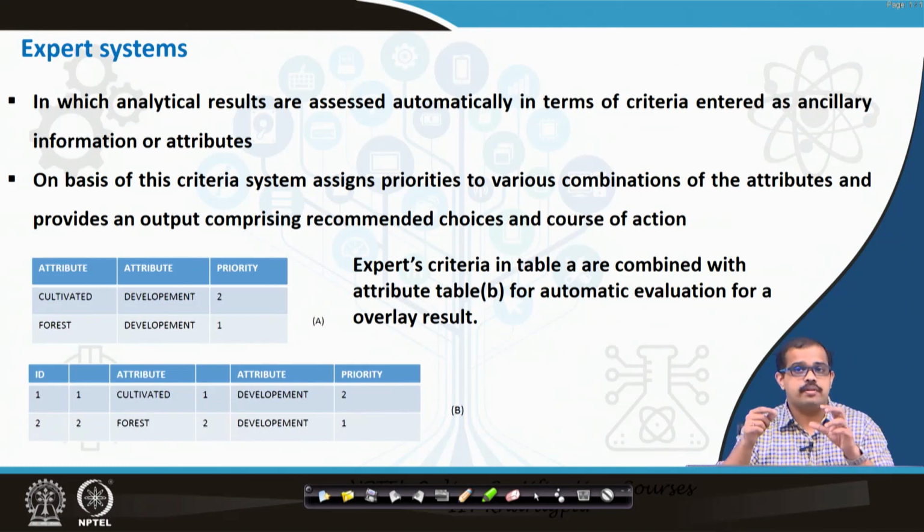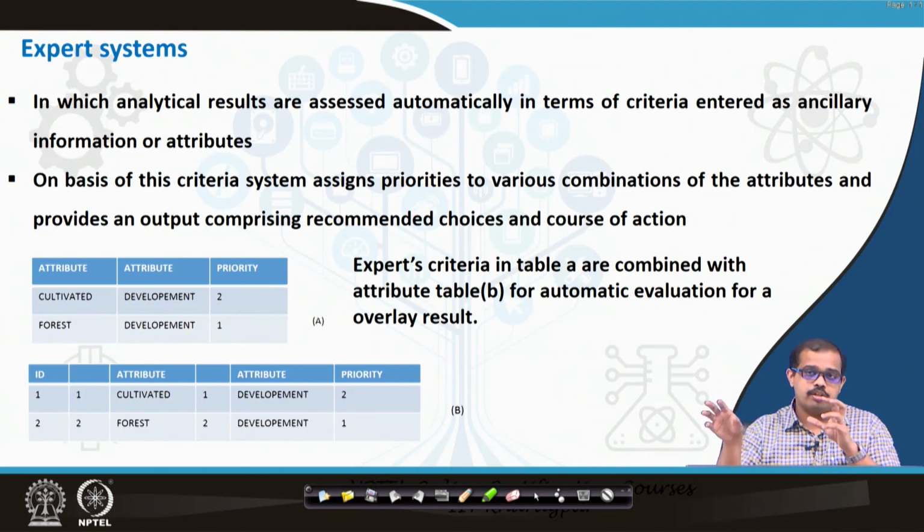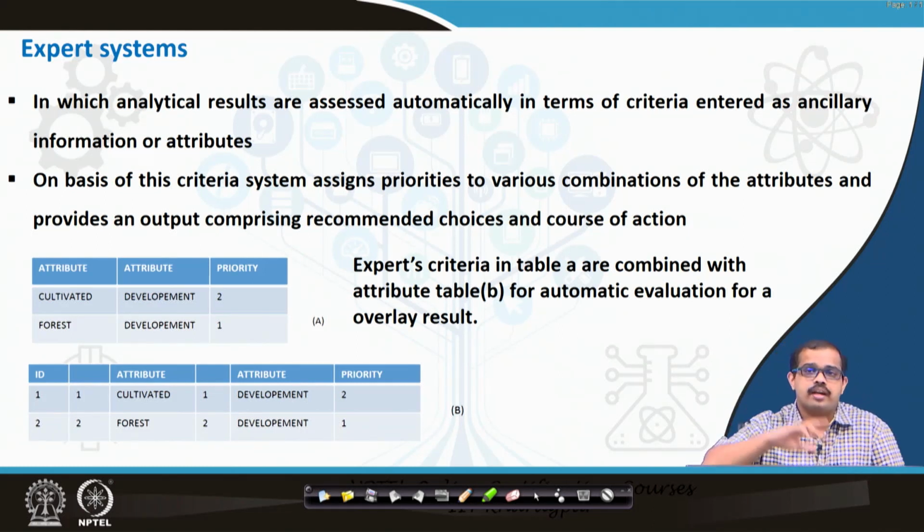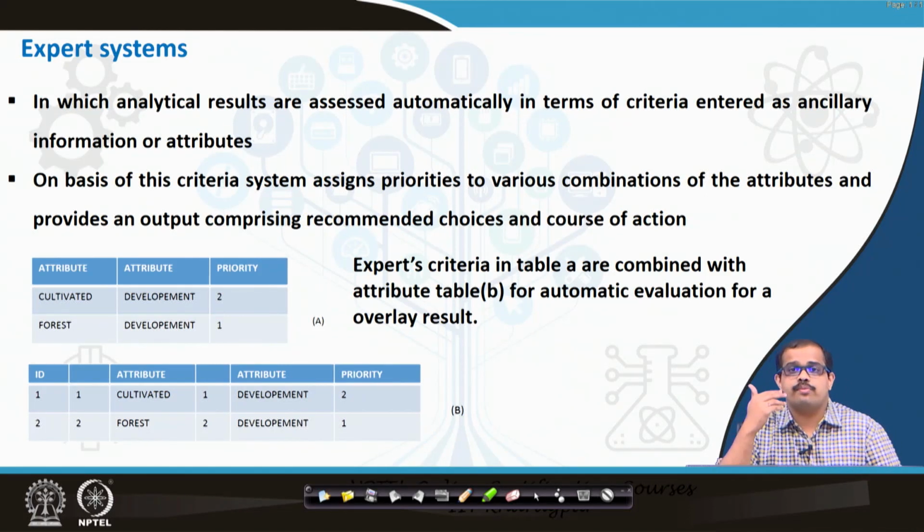For example, when I say expert system, these are the values that come from expert surveys or expert opinions that you take in and create your own table listing, where you actually compare across variables. Once you compare across variables, you start defining weights, and once you have defined the weights, it automatically evaluates to give you a particular value.